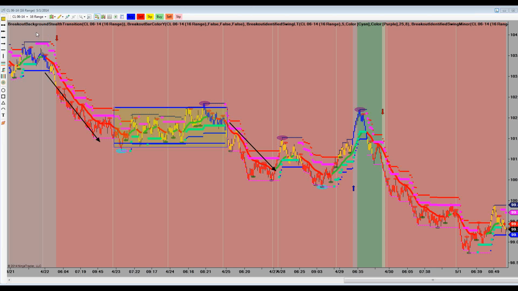I've got the background stealth transition. See them up top here? I've got the bar color, breakout, identified swings, identified swing minor. I've got the swing highs and swing lows and the trailing stops, and that's it. So I don't have any of the Band-Aid.